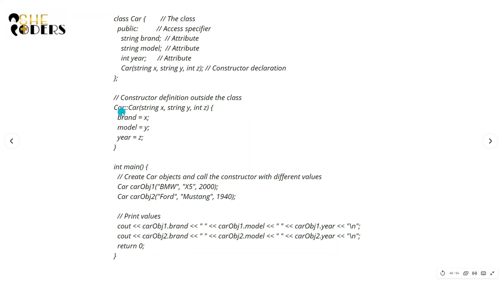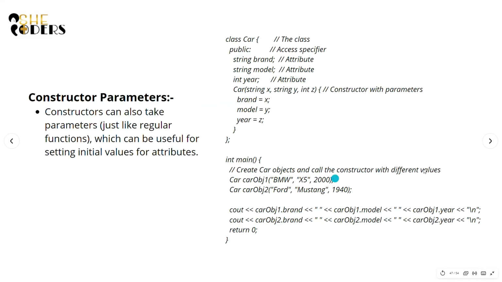As the constructor has no return type, there is no return type here, just the name of the class, the scope resolution operator, and then the constructor name with all three parameters, and it is doing the assignment. Inside the main function, I have created two class objects, car obj1 and car obj2. Both objects will get assigned some values, and here I have assigned the same values as previously.